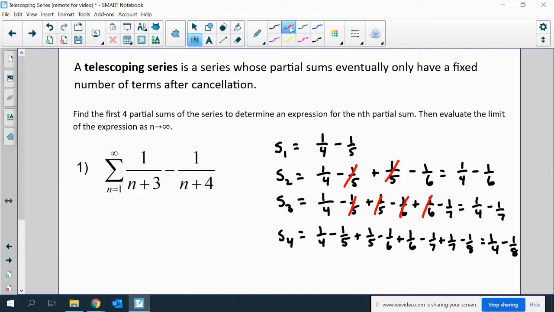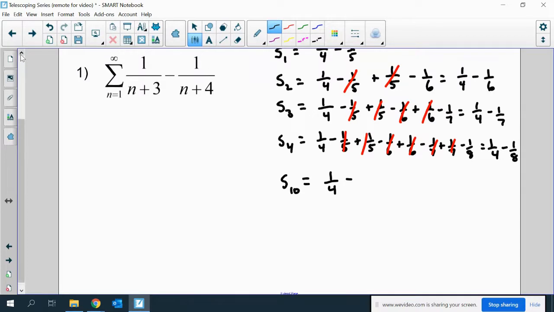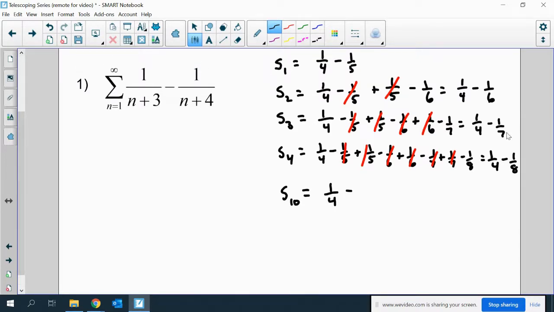And so I see all of these things canceling out, and that's what I end up with. So if, for example, I have s sub 10, let's say, I'd have 1/4 minus, well, 1 had a 5th, 2 had a 6th, 3 had a 7th, so it looks like I would just add 4 to whatever this is, so it'd be 1/4 minus a 14th.